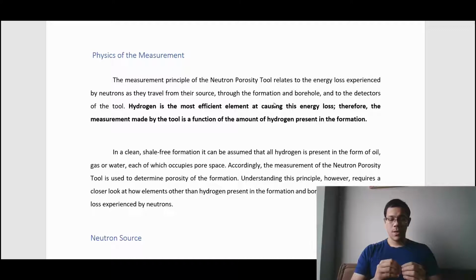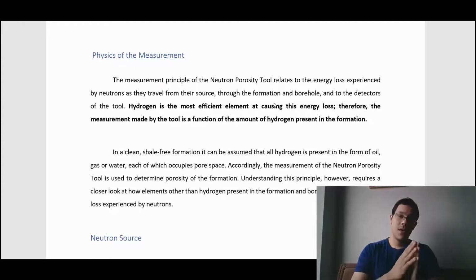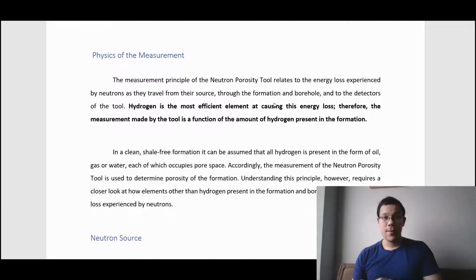That neutron travels from the radioactive source through the fluid in the borehole, through the casing, and through the formation, and will make a bunch of collisions with atoms in the formation. With each collision, the energy level of that neutron will slow down, going from high energy level to thermal energy level. Once the neutron is at a thermal level, the detectors will be able to read it.